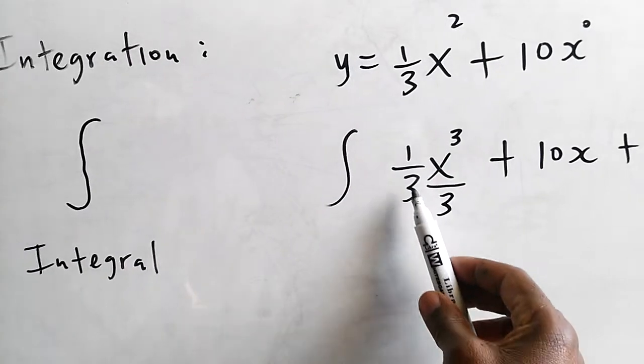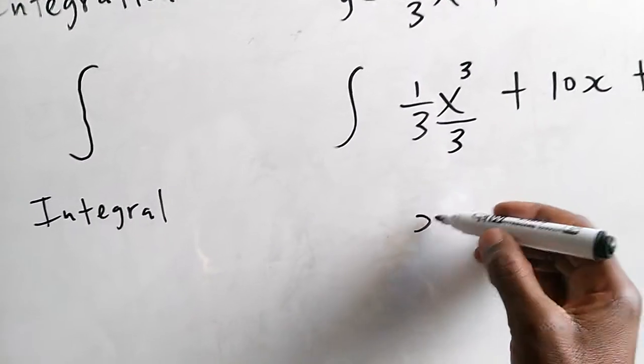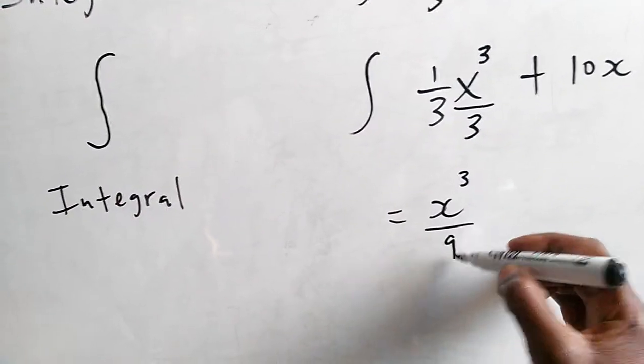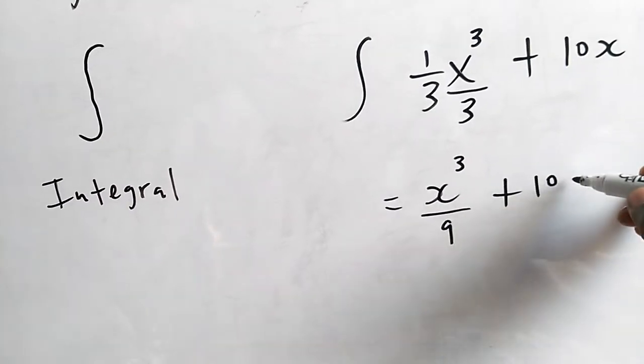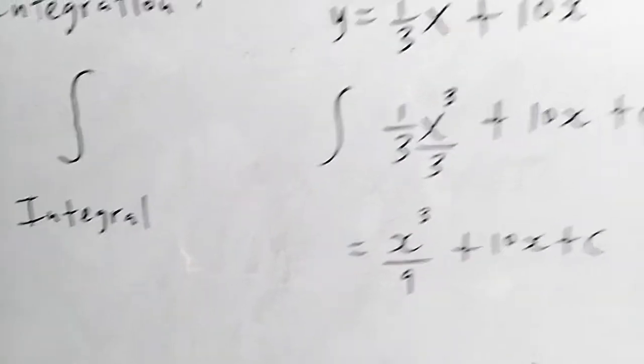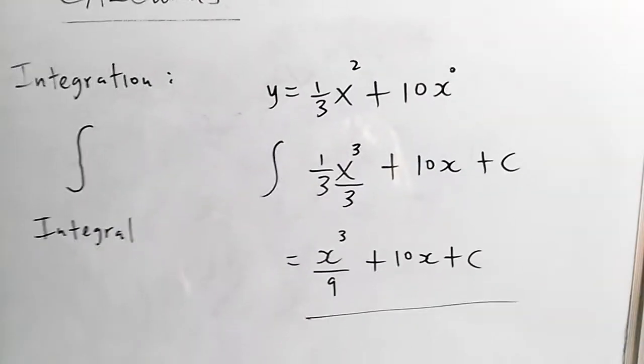So down here there will be a denominator of 3, denominator of 3, meaning they are multiplying. You have your x to the power of 3, 3 times 3, 9. 10x plus a constant. Okay? Like that.